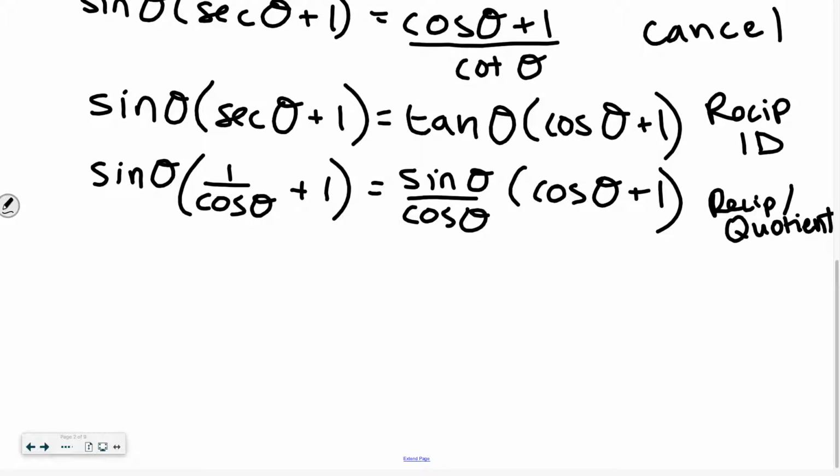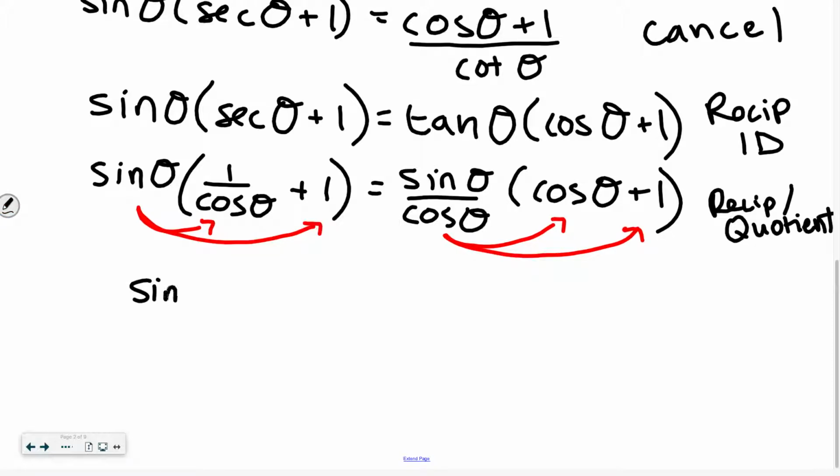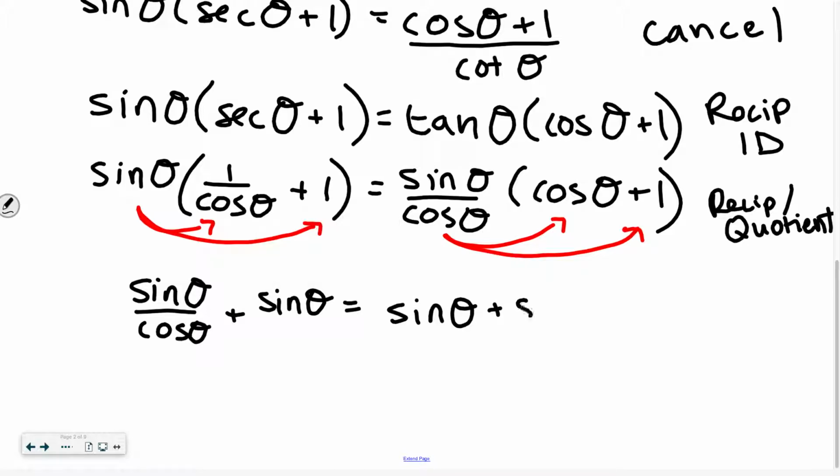Distribute. Awesome, I didn't hear you. You must have been whispering it and then Liam heard it. Yeah, we could distribute. We can distribute on both sides, right? Okay, so I'm going to distribute on both sides. That gets me sine theta over cosine theta plus sine theta equals sine theta plus sine theta over cosine theta.